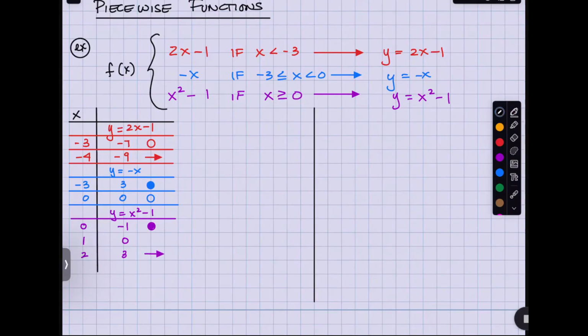How am I going to get to -9? Hopefully this works. Fingers crossed. So let's plot these. -3, -7.